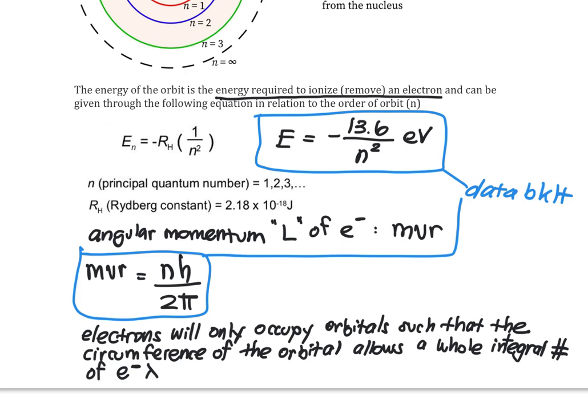You have to fit a whole number of wavelengths into that circle, as if the electron were a wave, fitting whole waves into the size of that orbital.